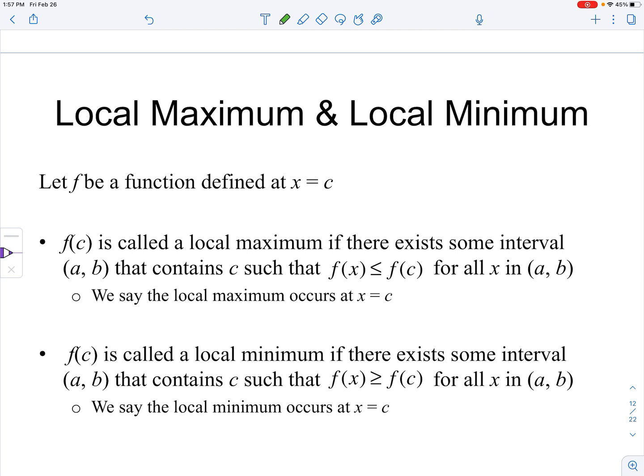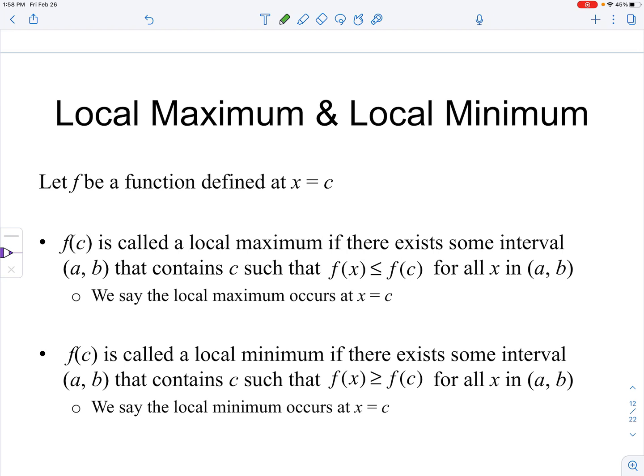So f of c, that output value, the y value at x equals c, has to be greater than or equal to the other values on the open interval from a to b. And that needs to be true for all values of x on the interval from a to b.